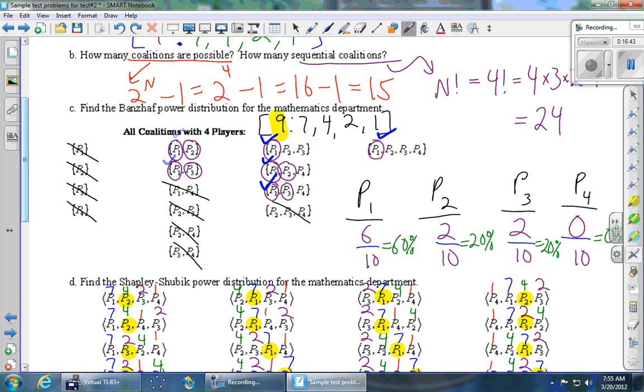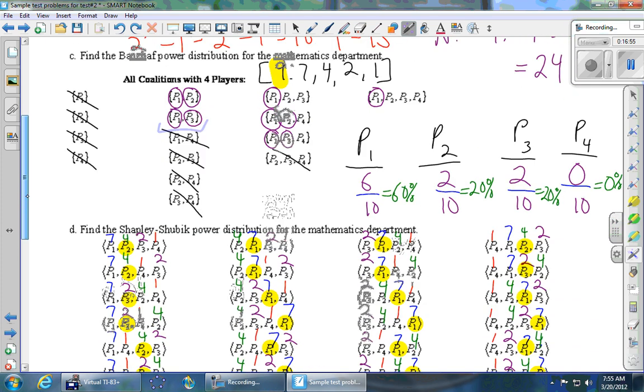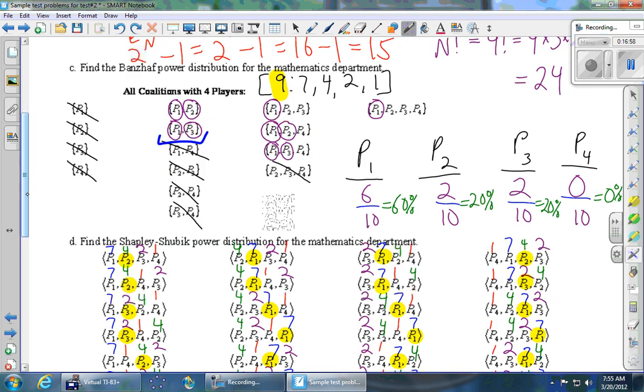Nobody else is in every one. For example, player 2 doesn't exist in this one. Player 3 doesn't exist in that one. And player 4 is missing from several of them as well. But somebody who's in every single winning coalition, somebody who's necessary to make the thing pass, has veto power. So player 1 has veto power.